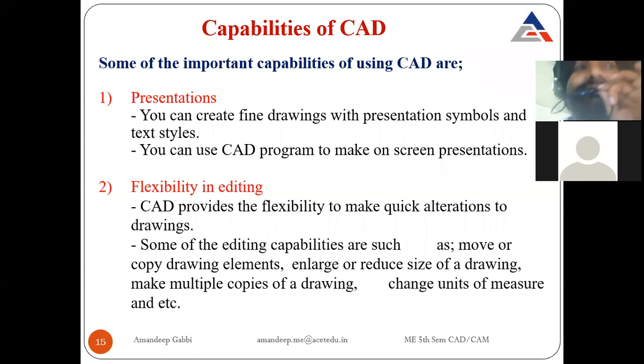Then flexibility in editing. When you draw something, it needs editing also. When you draw something on your sheet, you have to erase that and draw it to a different extent. Similarly, CAD software should be capable of editing if required. You can erase anything and draw something new out of it.